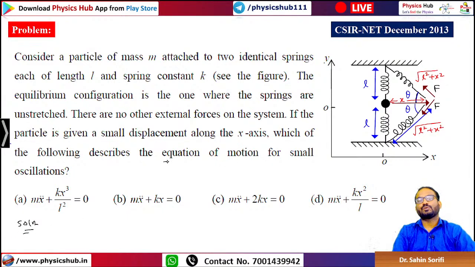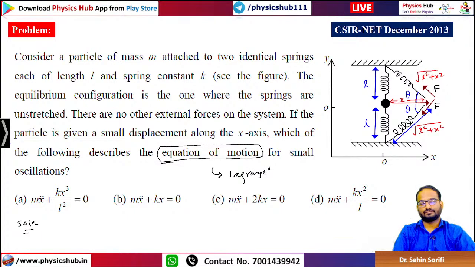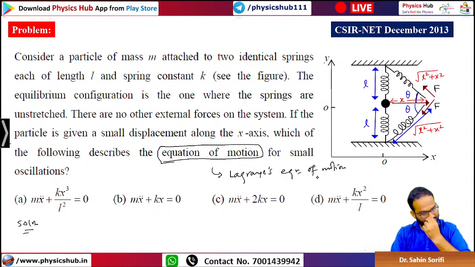Look, equation of motion we have to find out, so we need to use Lagrange equation. Lagrange's equation of motion. To find out the equation of motion, you have to use the Euler-Lagrange equation.